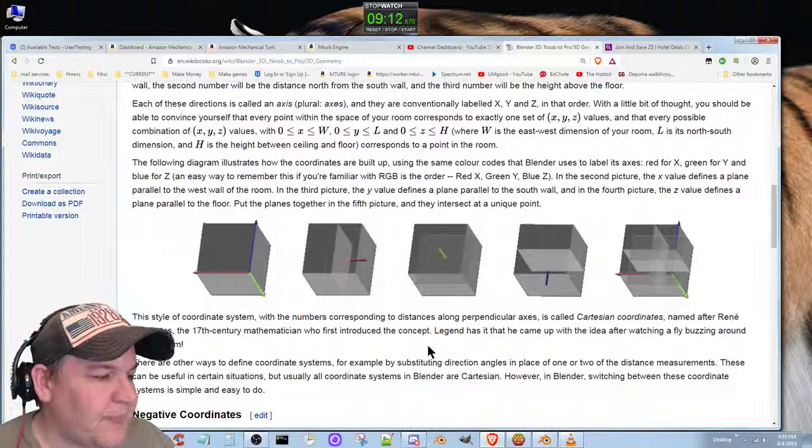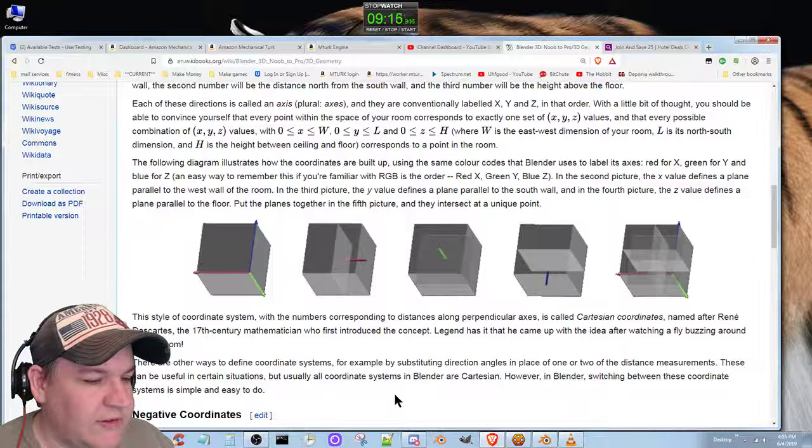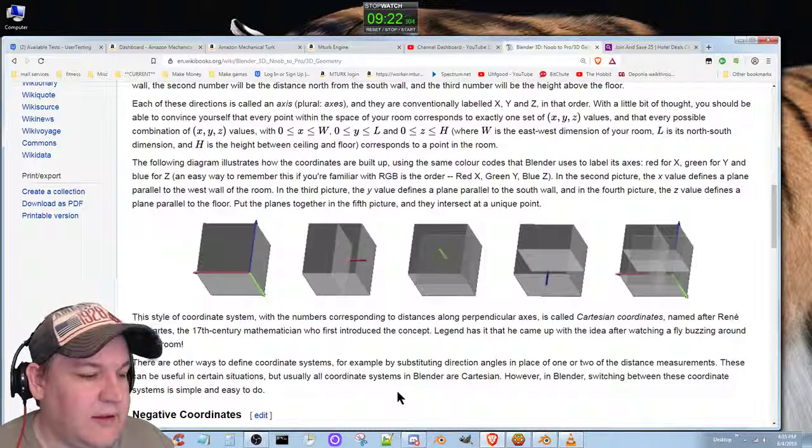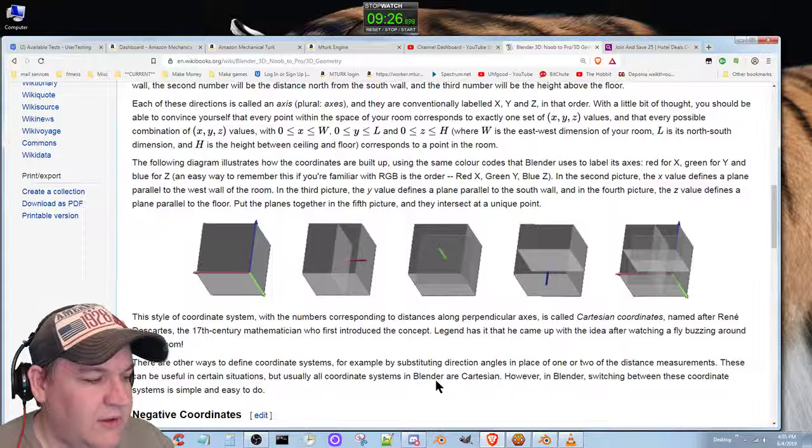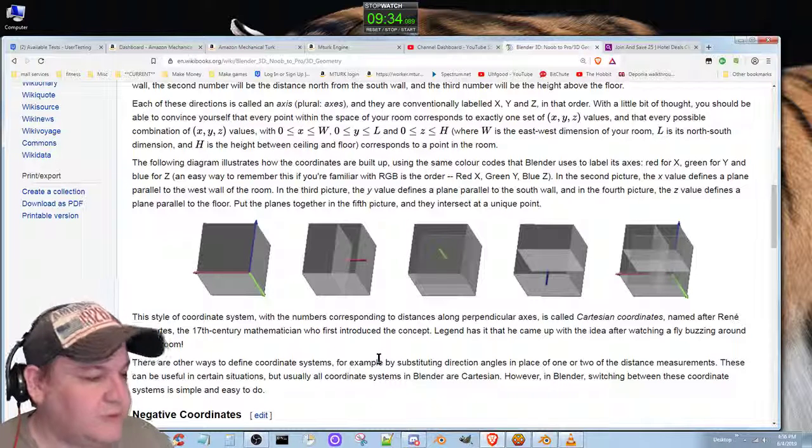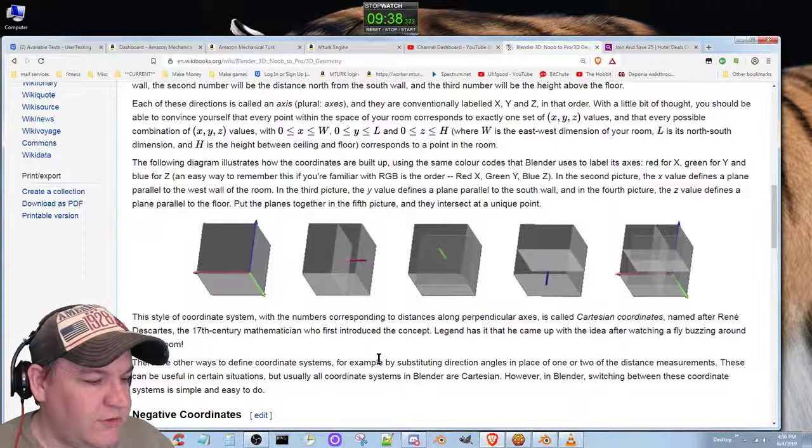The solid coordinate system with the numbers corresponding to distances along perpendicular axes is called Cartesian coordinates, named after René Descartes, the 17th century mathematician who first introduced the concept.